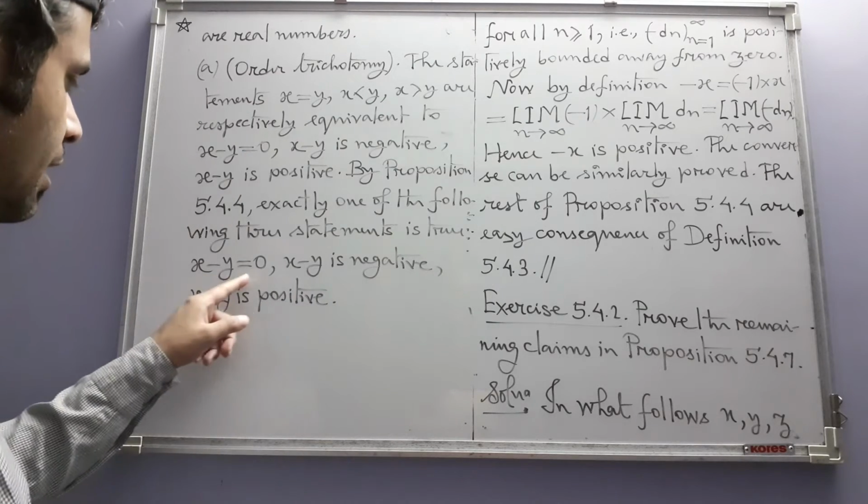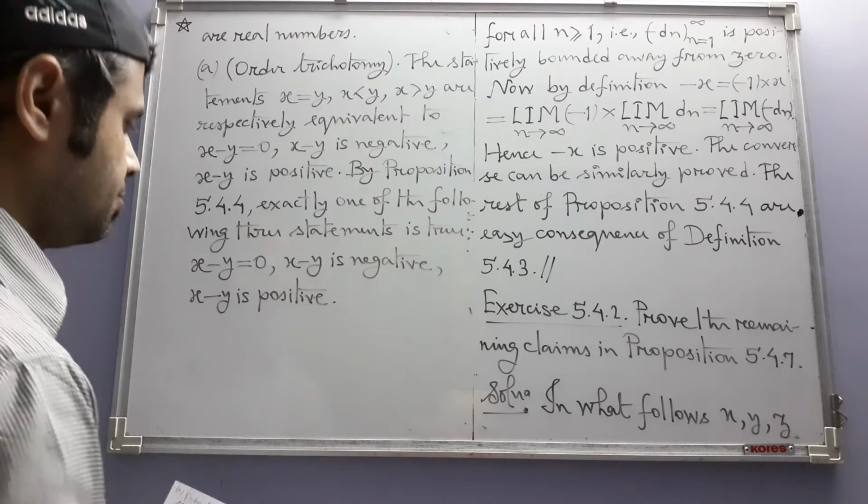Every real number is either 0 or negative or positive.